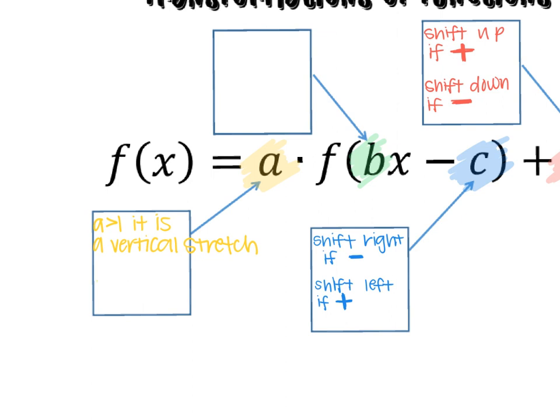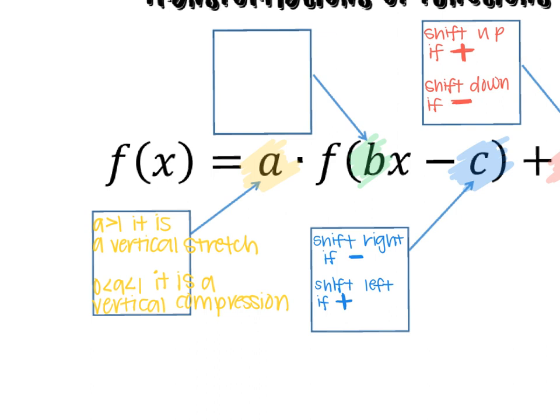If A is between 0 and 1, it is a vertical compression. Which makes sense. If something's greater than 1, it's going to make it bigger. If something's a fraction or multiplying by a decimal, it's going to make it smaller.